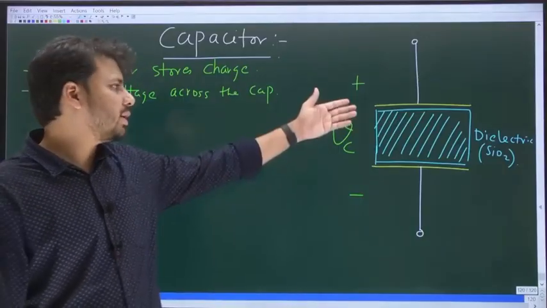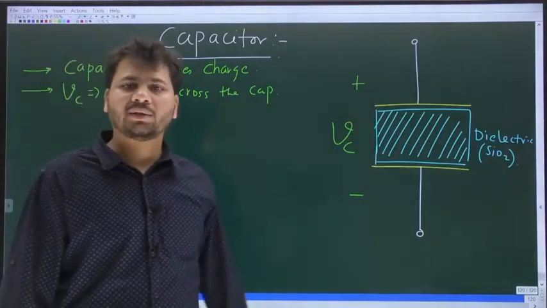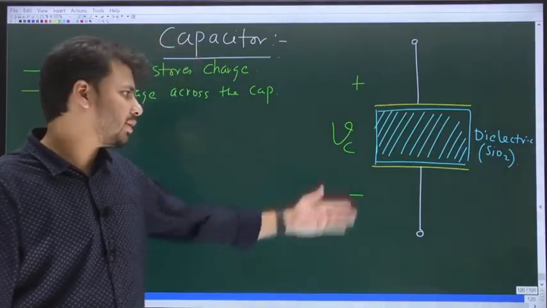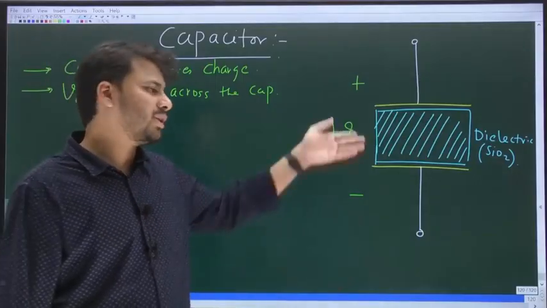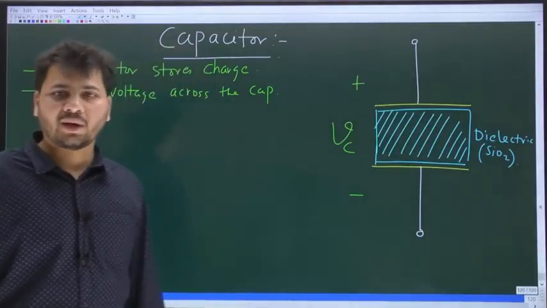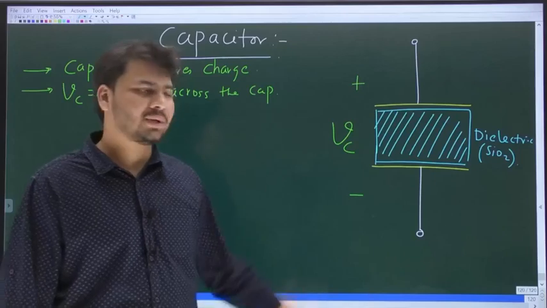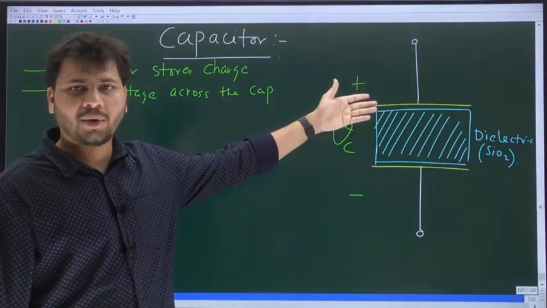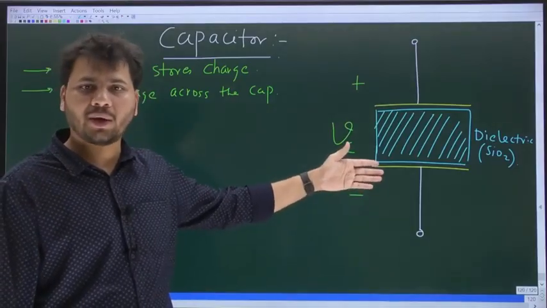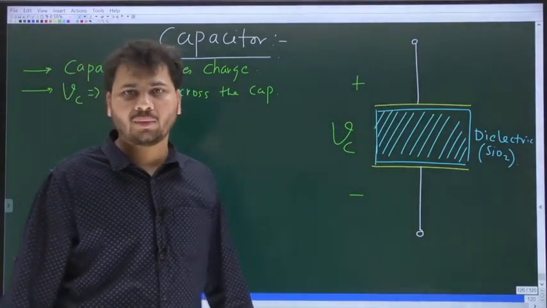Coulombs, right? Yes. Let us say the top plate has a charge of plus 10 coulombs. Then the charge on the bottom plate must be minus 10 coulombs. So both the plates of the capacitor carry equal and opposite charge. Plus 10 coulombs on the top plate automatically means minus 10 coulombs on the bottom plate.